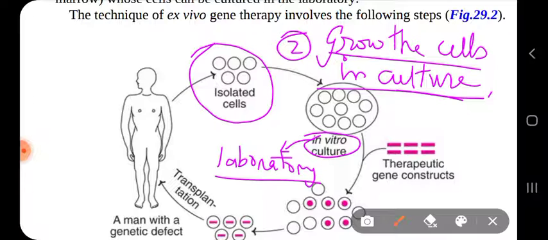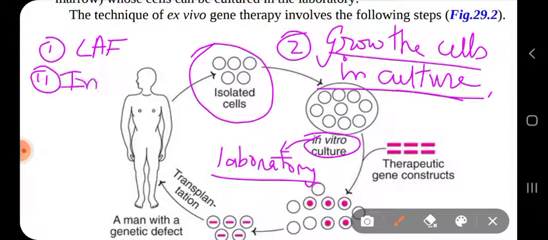Certain instruments are used, like for culturing the cells we need a laminar airflow hood. We have to use an incubator to regulate the temperature.